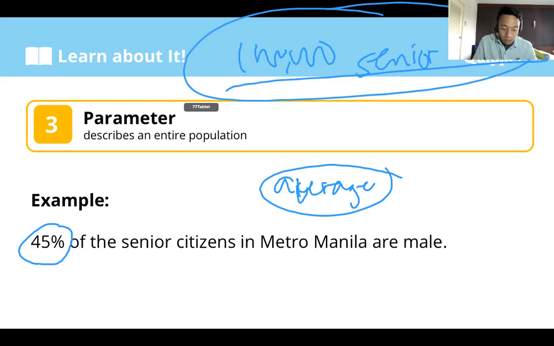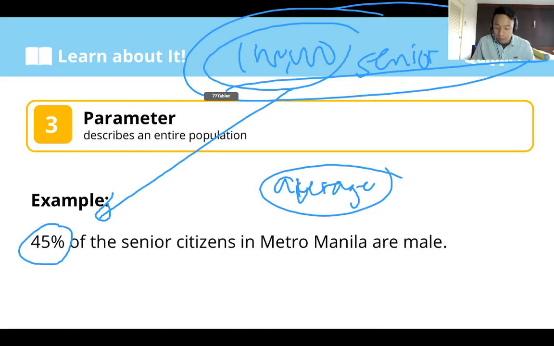That's why ginawa siyang ganyan. 45% of those 100,000 citizens are male. So that is a parameter. It's just describing a part of the population. Hindi ibig sabihin entire population, that means ang isipin mo entire, so lahat. No, right? It's just about a specific part of the population.